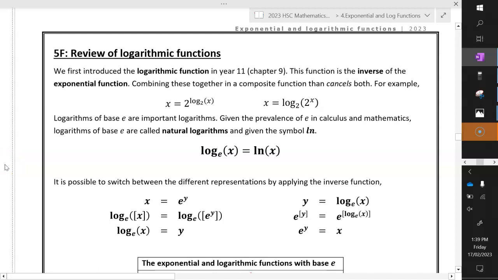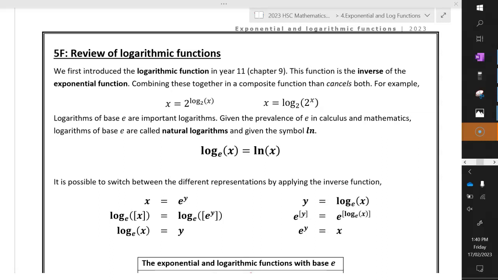So we first introduced log functions in Year 11. It was in Chapter 9. The log function is the inverse of the exponential function. So in combining these together in a composite function, they cancel each other out. The way that they cancel each other out is in these two examples below. I have 2, and in the power of 2, in the exponential position, I have log 2 of x.